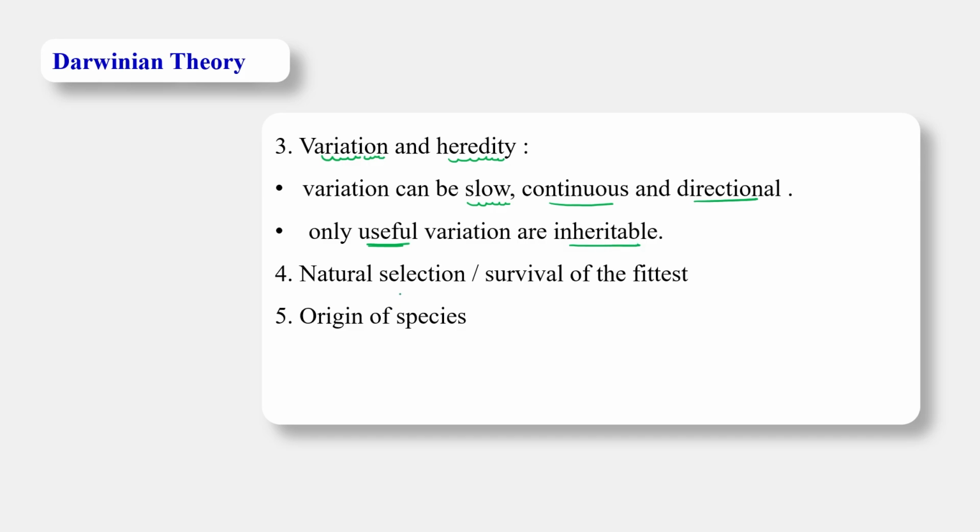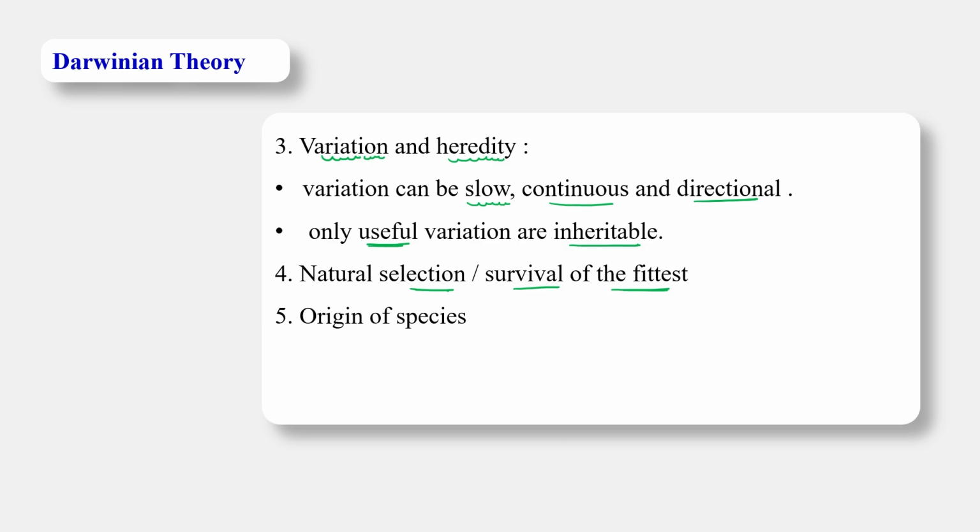Nature actually selects only useful variation, and this is how he used the term survival of the fittest. All the individuals who survive in the changed environment continuously change themselves. Variation occurs very slowly, and it's a continuous and directional process according to him.